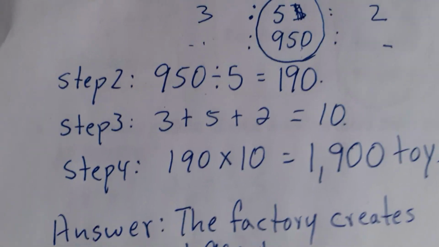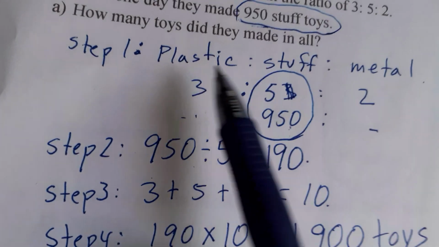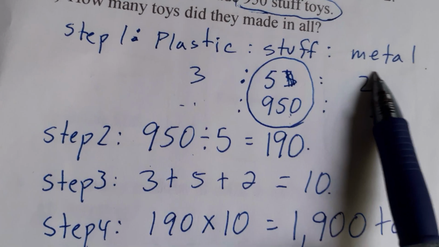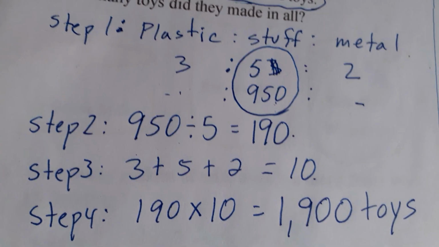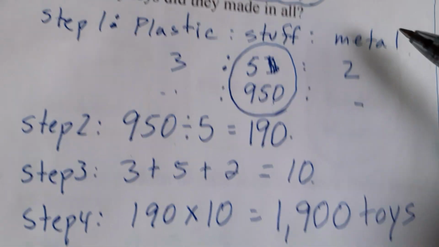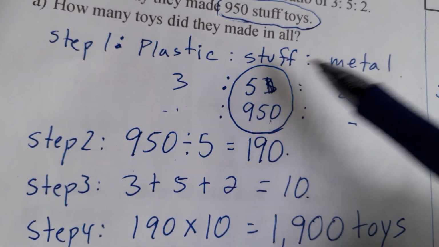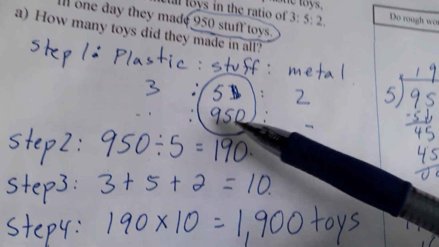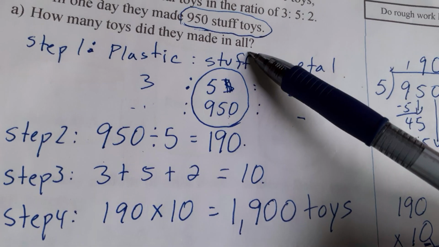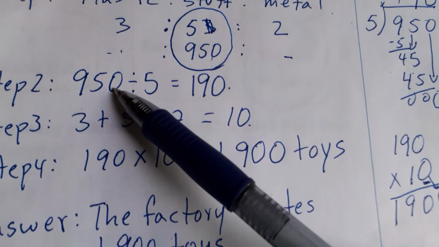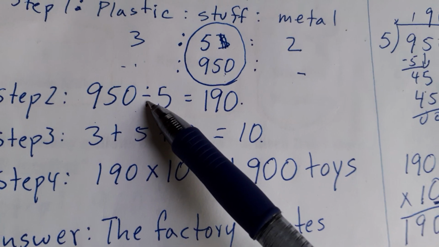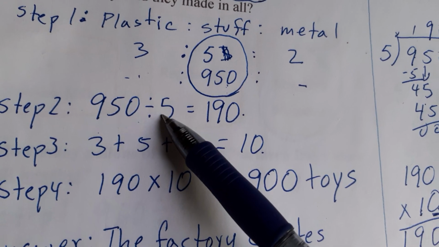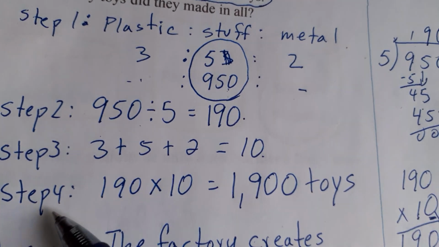This one will have 4 steps because we had to create the ratio for us to see it. Okay? Plastic, stuffed, metal toys, 3 to 5 to 2. The amount given to us is stuffed toys, so we write that amount under stuffed toys. Step 2 now, we divide the amount by 5, which gives us 190.